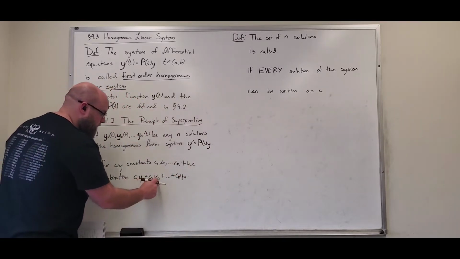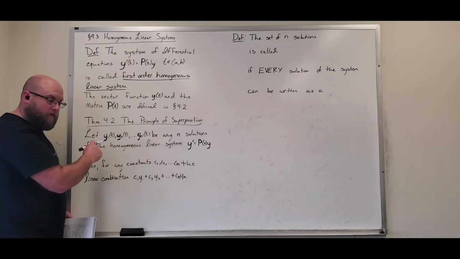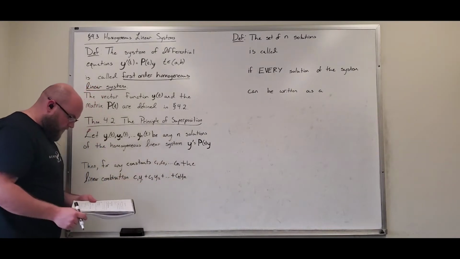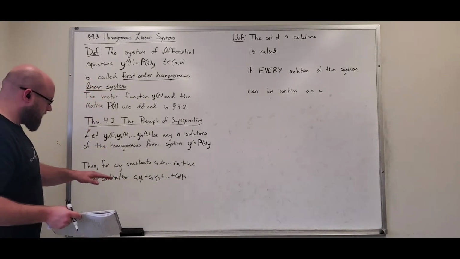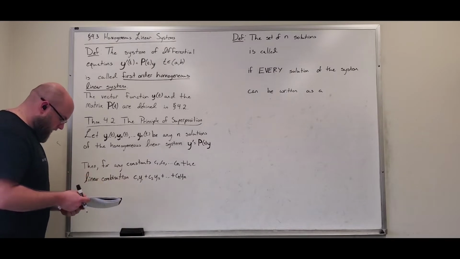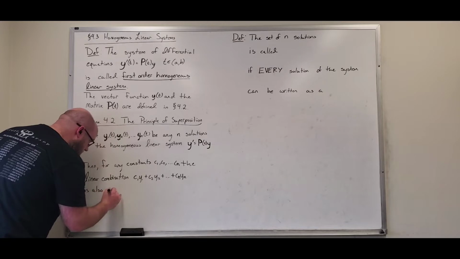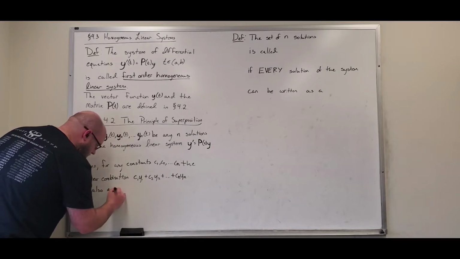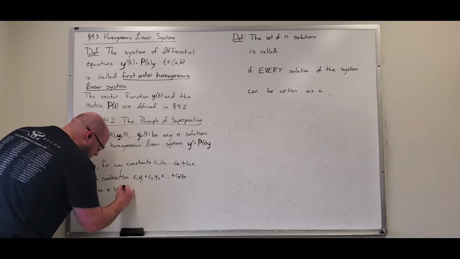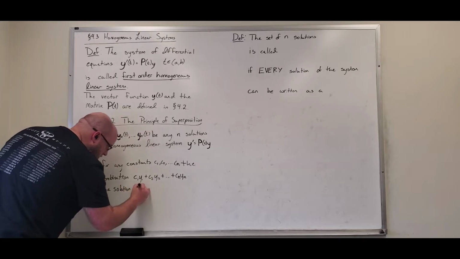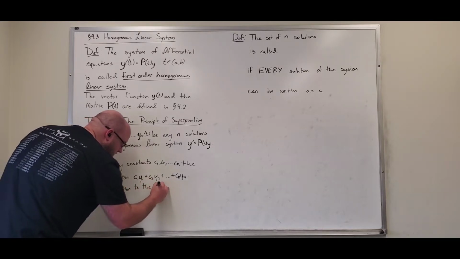Again, these functions here are these vector functions represented here. Then the linear combination of this particular form is also a solution to the homogeneous linear system.